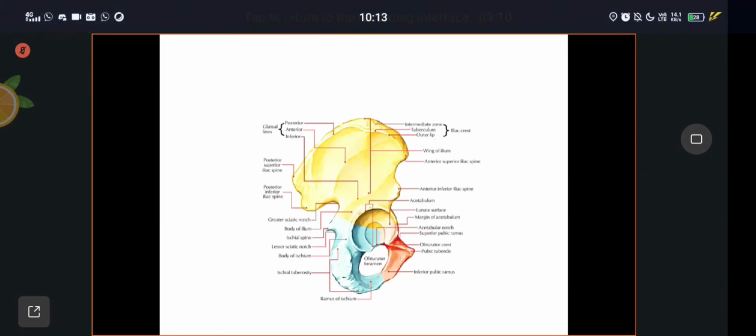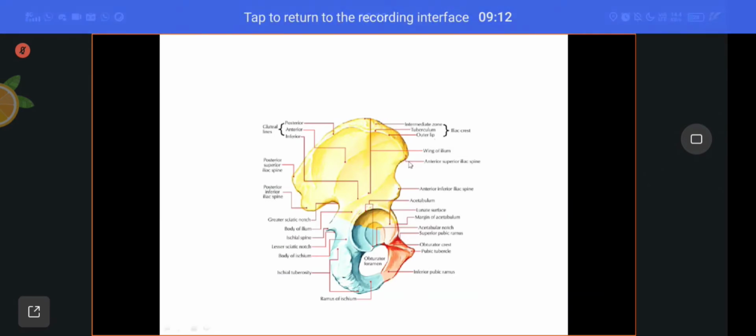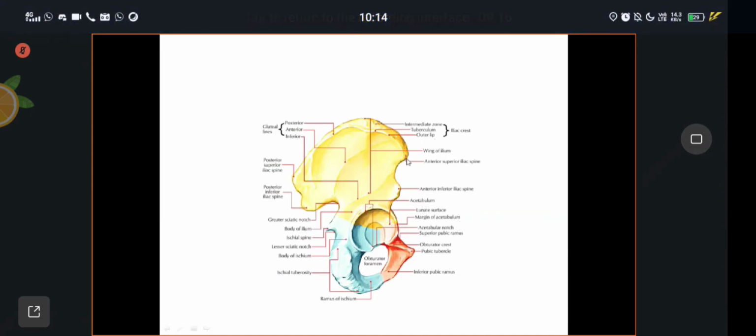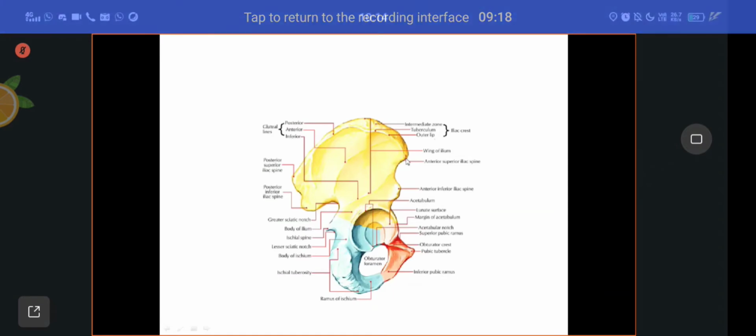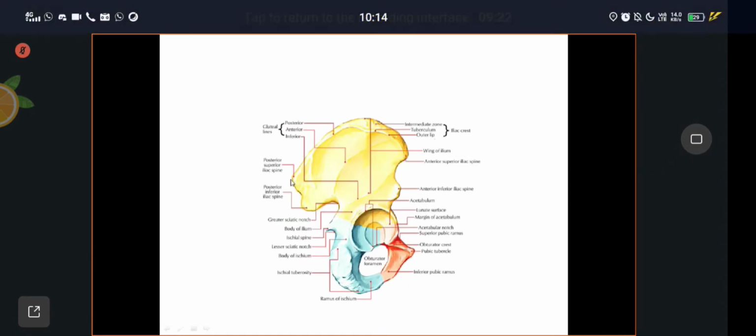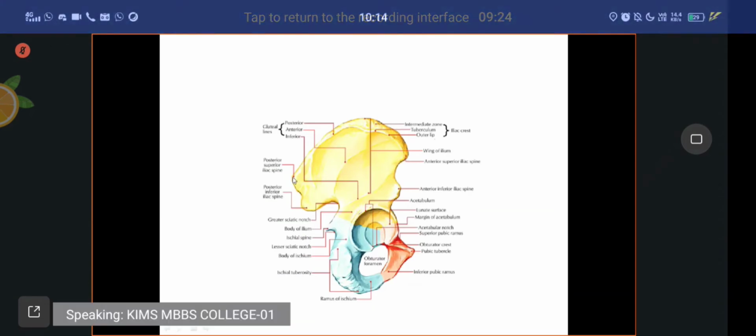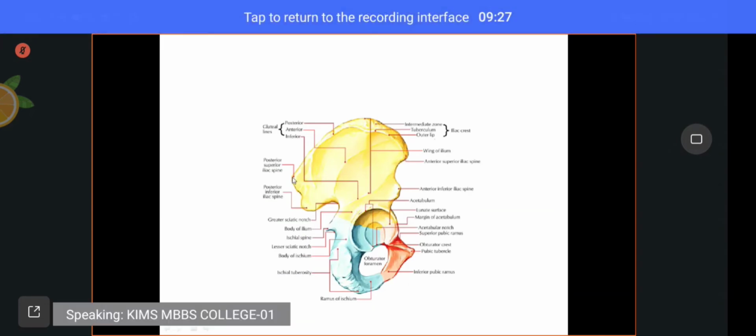So you can see what this is. This is the iliac crest. It is extending from the anterior superior iliac spine. And what is this one? This is the posterior superior iliac spine.